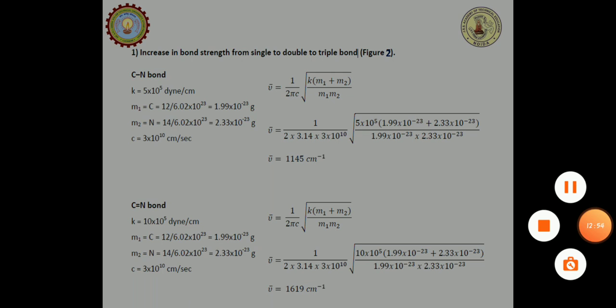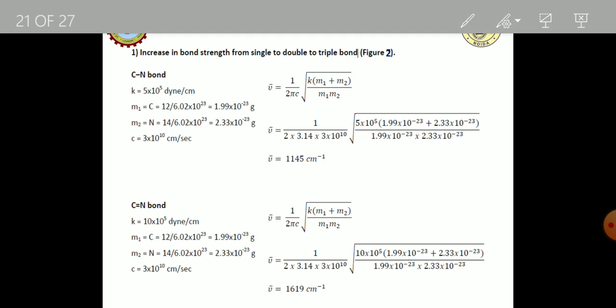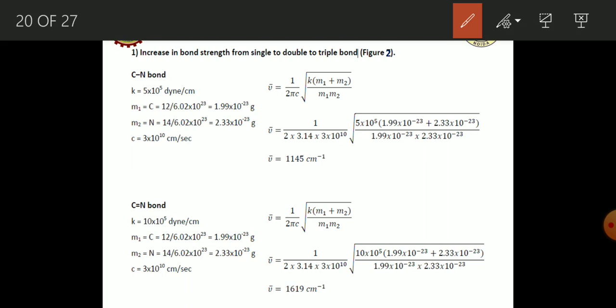First, the CN bond, the carbonitrile group. The given data is the force constant value, 5 into 10 to the power of 5, mass of carbon 12, mass of nitrogen 14, that is 12 divided by 6.02 into 10 to the power of 23 and 14 divided by 6.02 into 10 to the power of 23, because 12 is in AMU. We are converting to the actual atomic mass of the element by dividing by the Avogadro number.